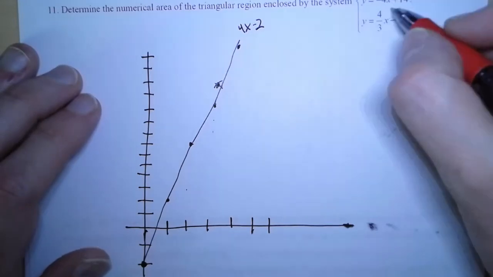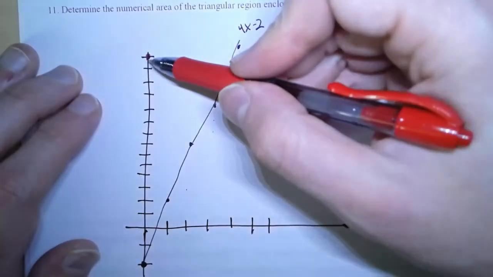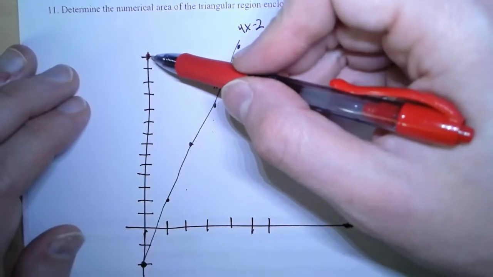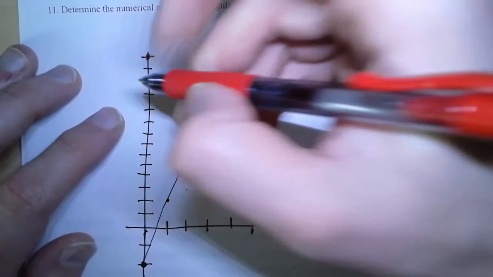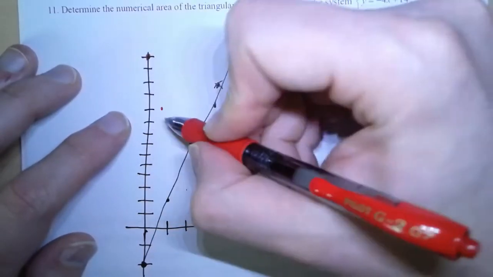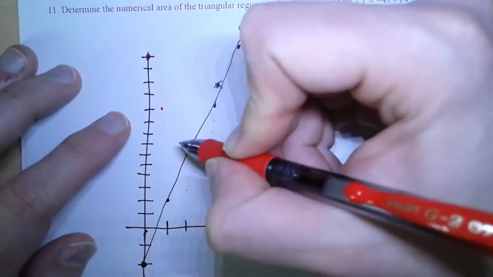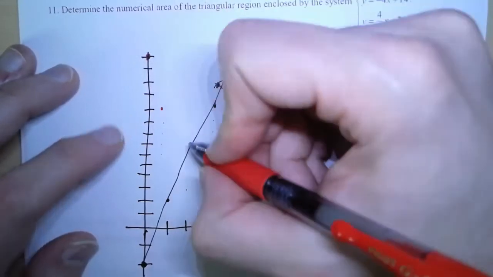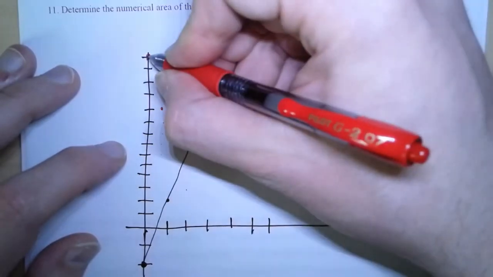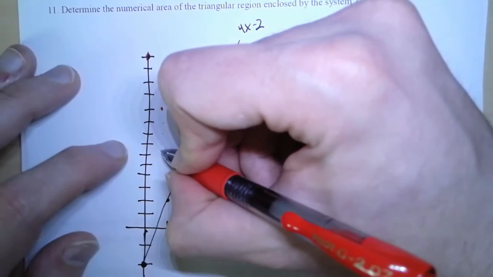Our second line, negative 4x plus 14. So this one starts up at positive 14 for the y-intercept, and we go down 4, 1, 2, 3, 4, and over 1. Actually, I think the way this is scaled, we go from a y value of 14 to a y value of 10 to a y value of 6.